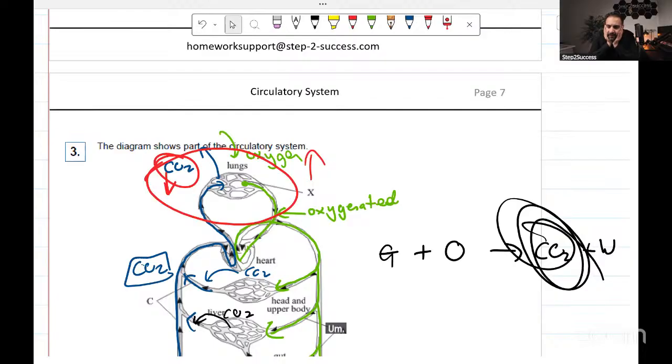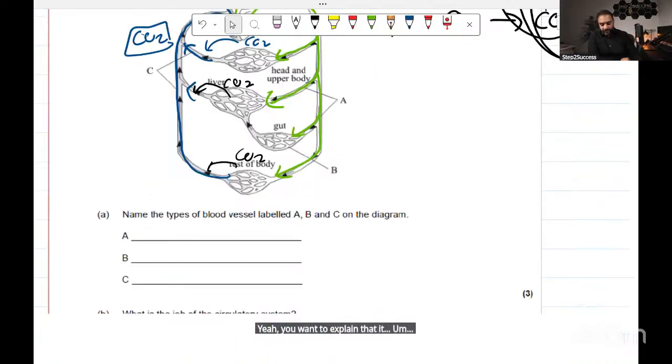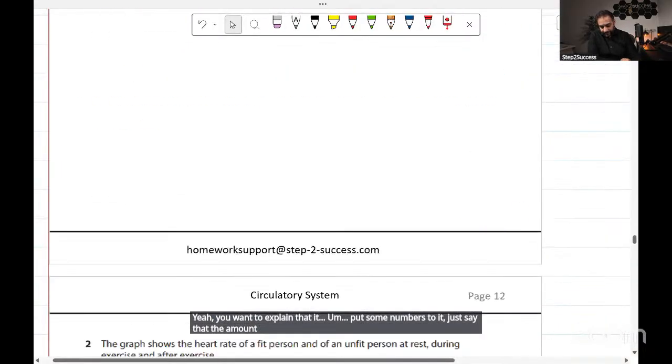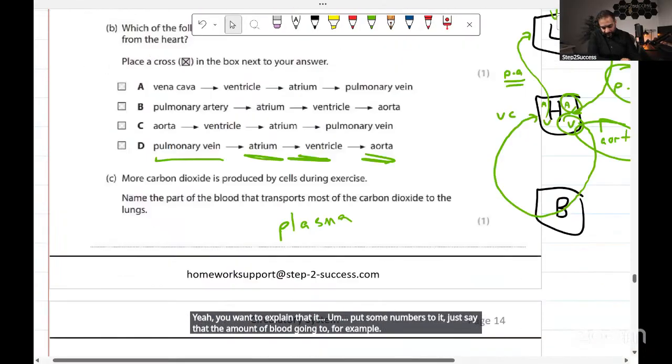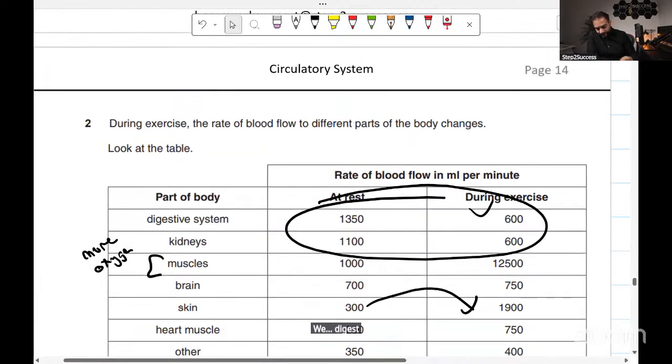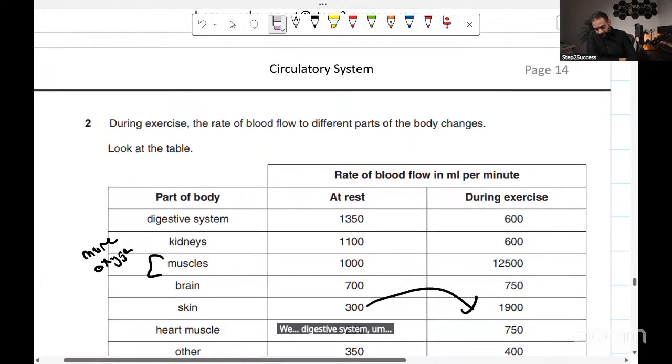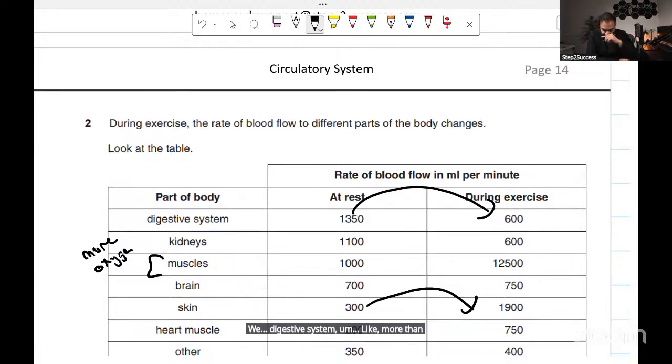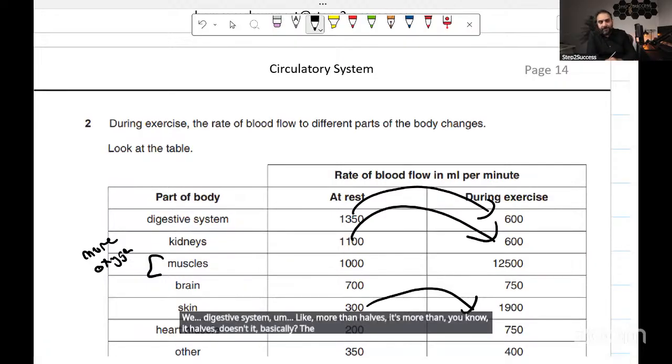So do I write the blood flow increase reason for all the parts of the body? So that big question that I just went through. Yeah, you want to explain that it, put some numbers to it. Just say that the amount of blood going to, for example, the digestive system, more than halves. It halves, doesn't it, basically? The kidneys, it pretty much halves as well.